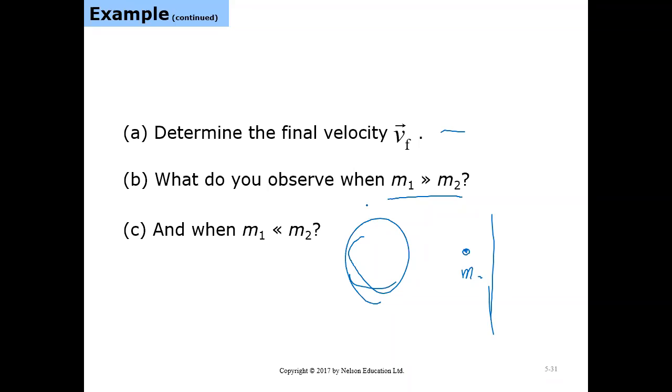This guy is coming at 10 meters per second. It's a big guy, say 1,000 kilograms. And this is a small guy, say 1 kilogram, and he is at rest, zero velocity. After collision, what do you think will happen? They will combine, we are assuming. What about the velocity of the combined object? Will it be less than 10 meters per second?